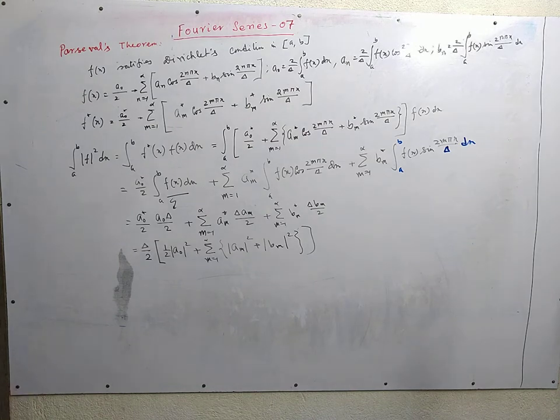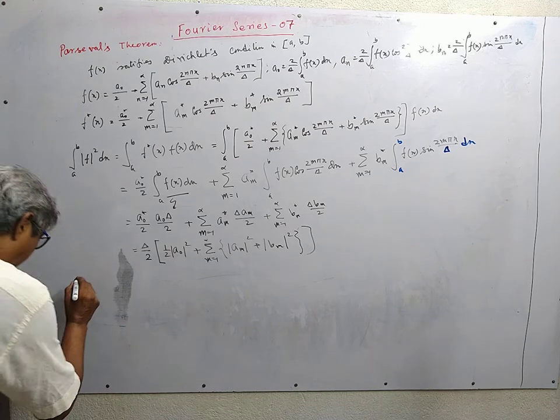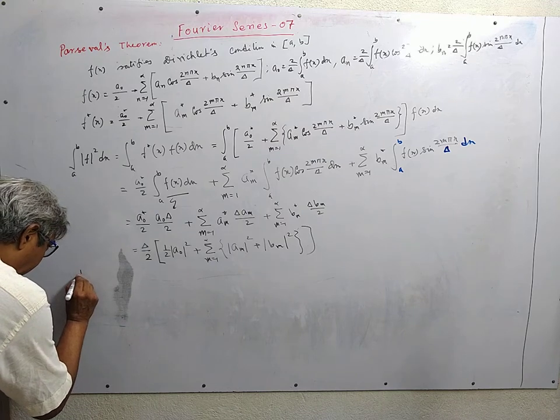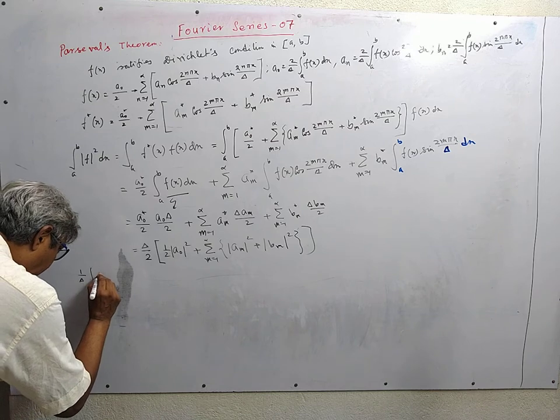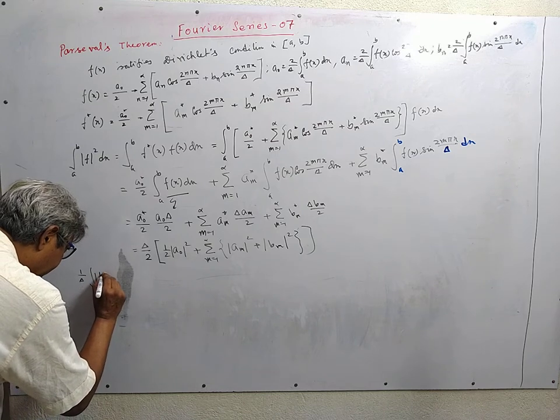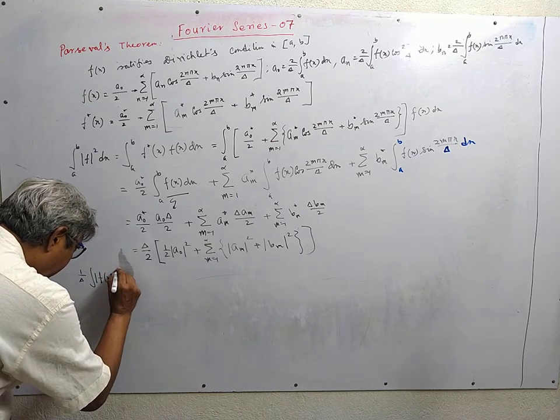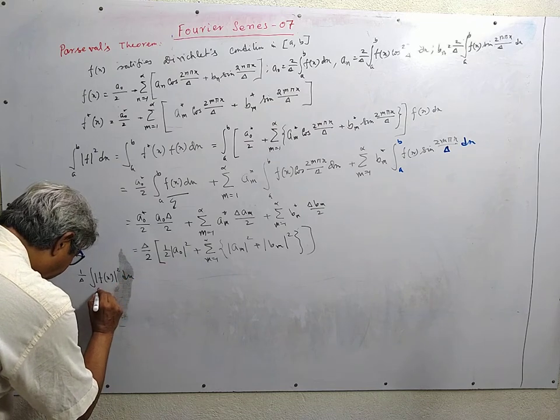So if we want to calculate the average value, the left hand side has to be divided by delta, so the average value is 1 upon delta integral of f modulus square dx from a to b.